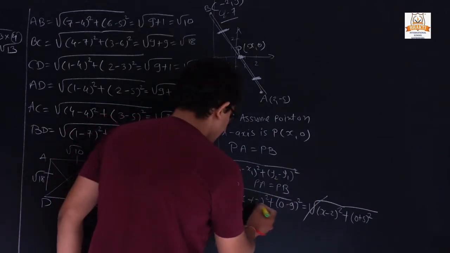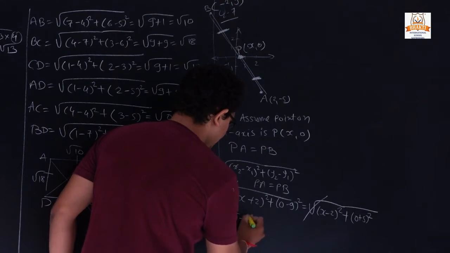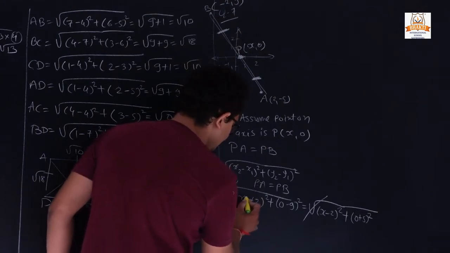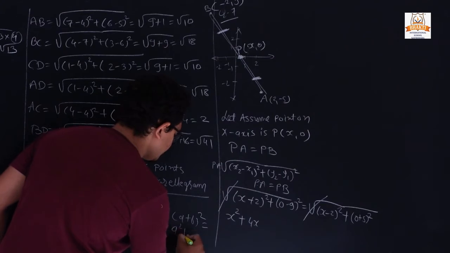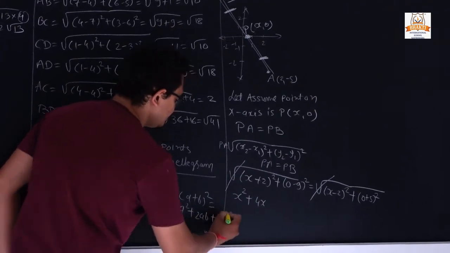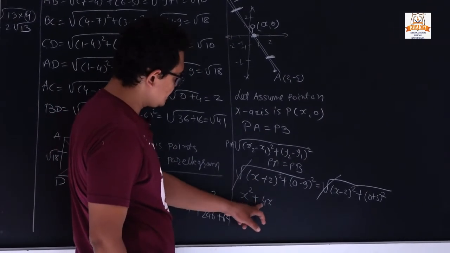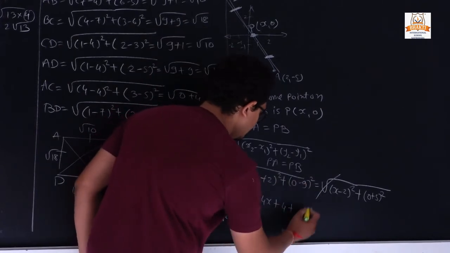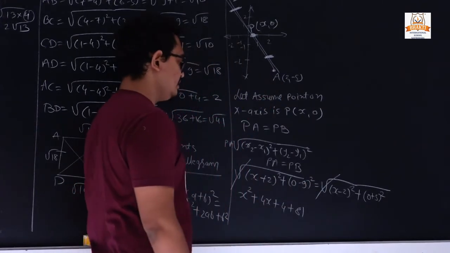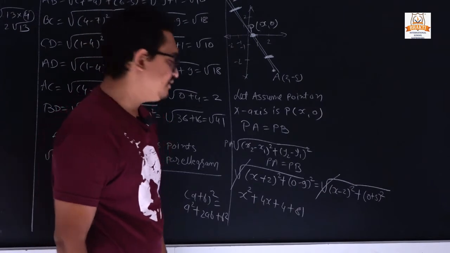Next, here we can simplify x square plus 4x. Which formula can we use here? a plus b all square is equal to a square plus 2ab plus b square. And 9 square is 81. Clear? 9 square is 81.